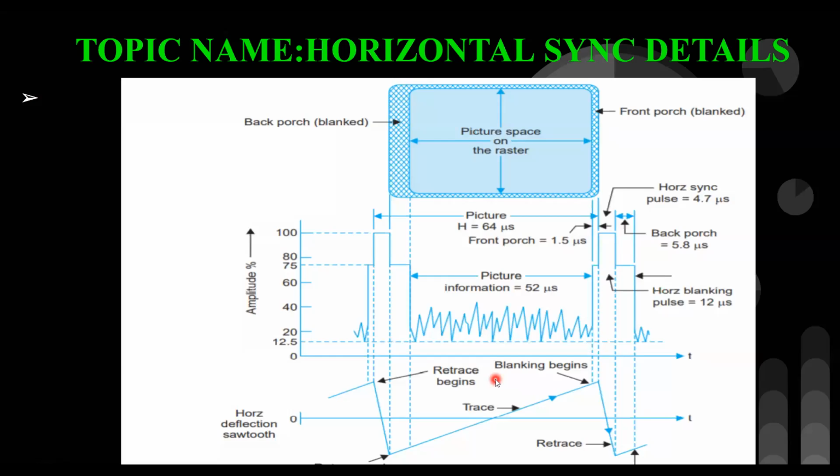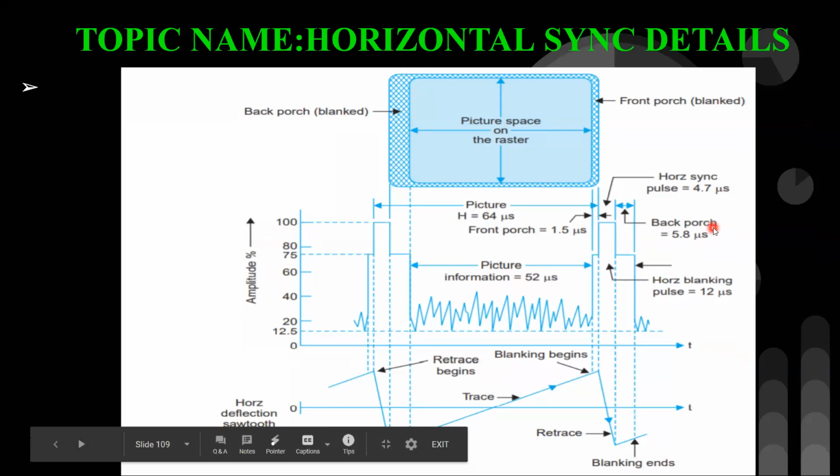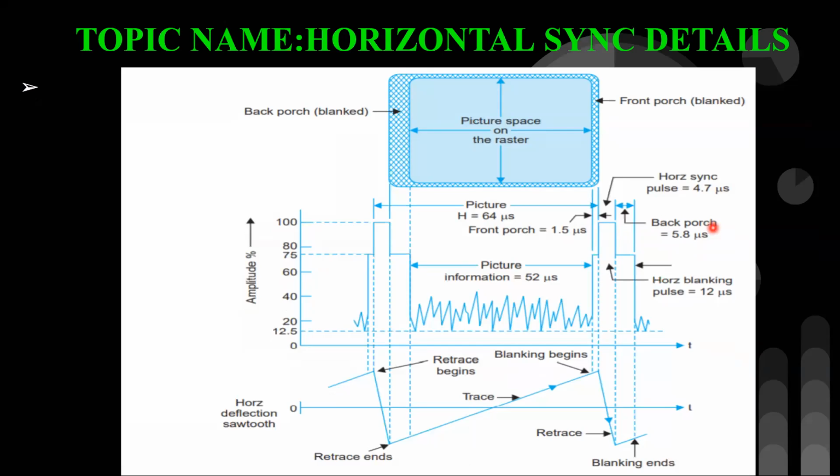The back porch provides the necessary amplitude equal to the blanking level, which is required at the end. This amplitude equal to the blanking level enables preservation of the DC component of picture information at the transmitter.